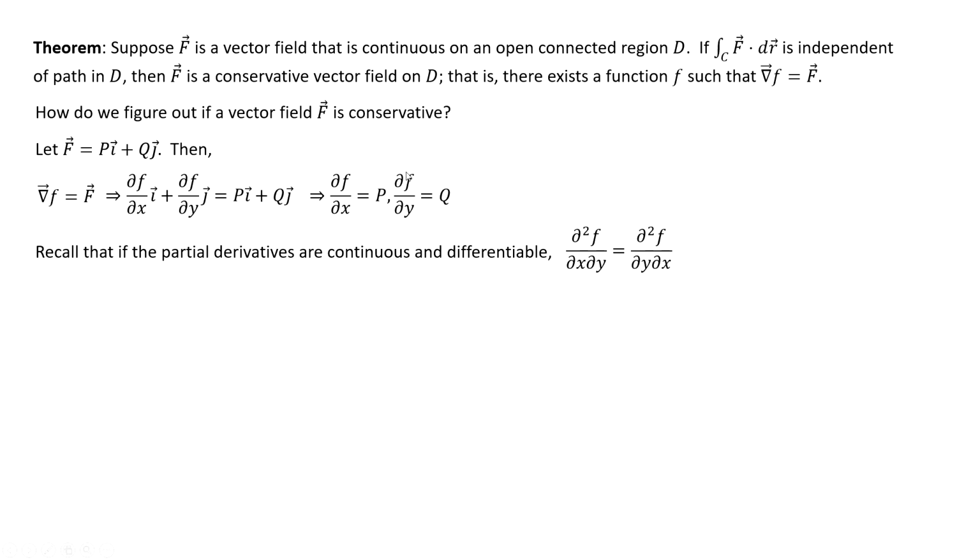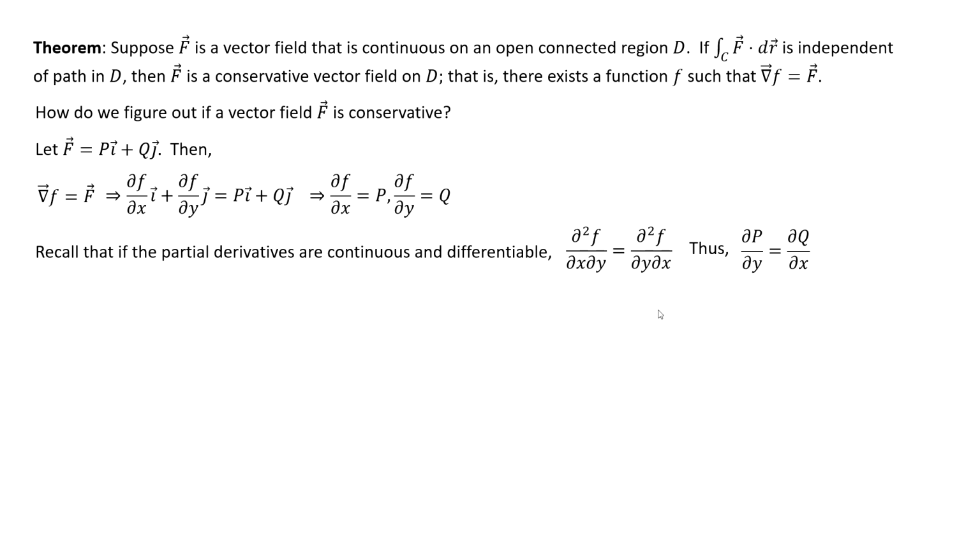Now here, if I differentiate partially both sides with respect to x, I get partial Q with respect to x. But they both need to be the same. Thus, partial P with respect to y equals partial Q with respect to x. And that is a big deal. I'll tell you why.